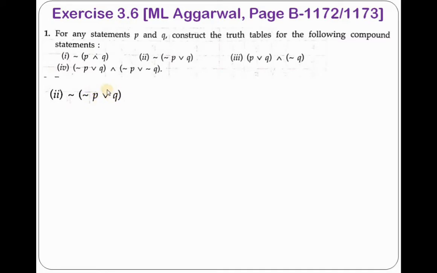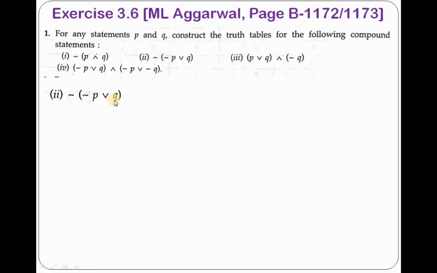So first we will construct the truth table for this particular quantity. Here you see that there is OR, so you need to know the truth table for OR as well. And here instead of P you have negation P, so you are taking negation P or Q.